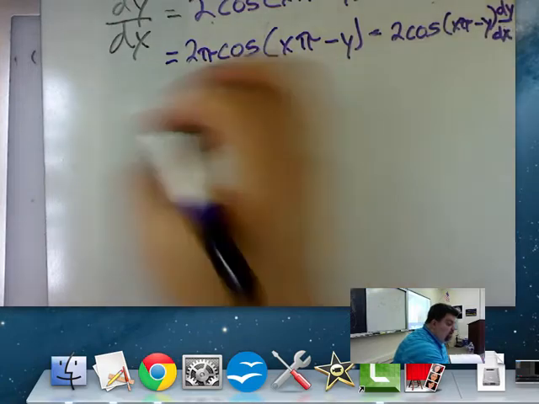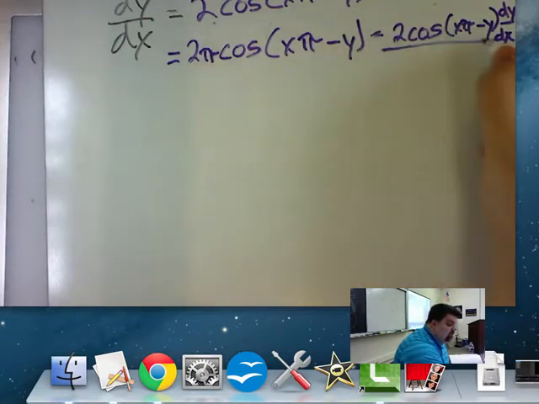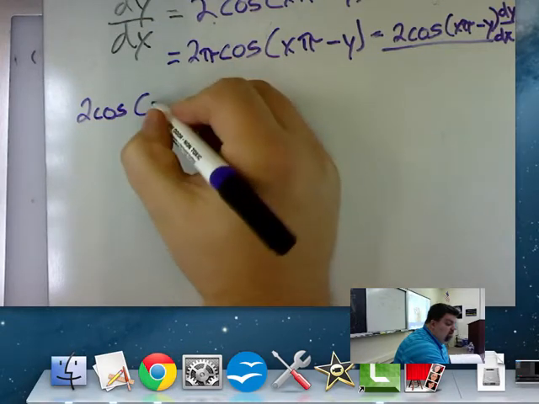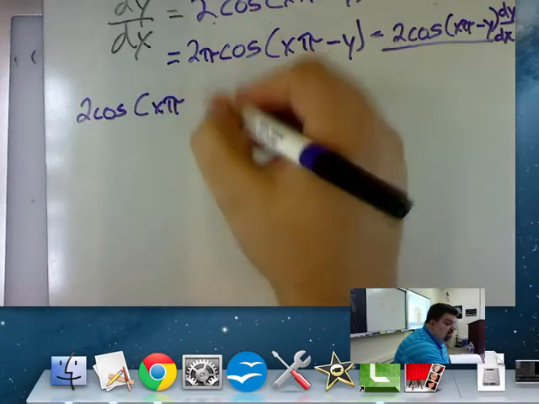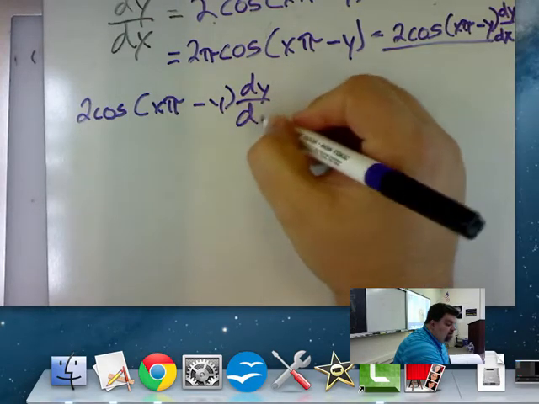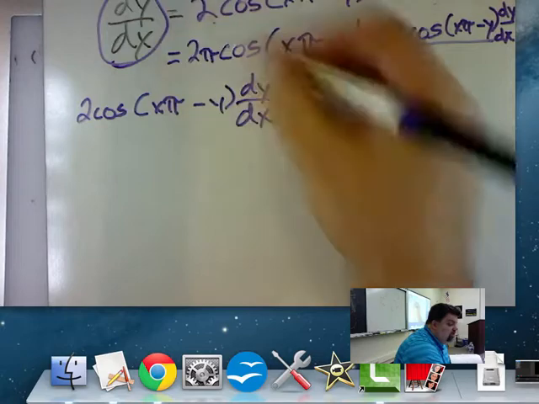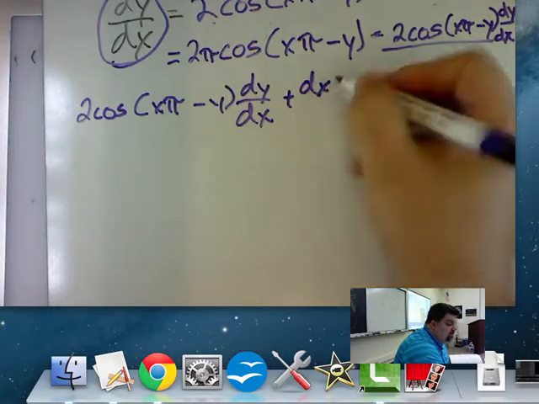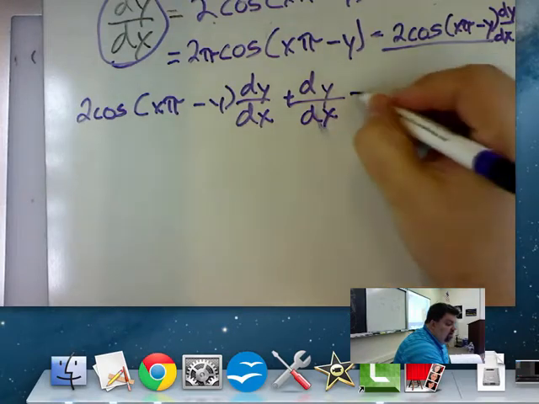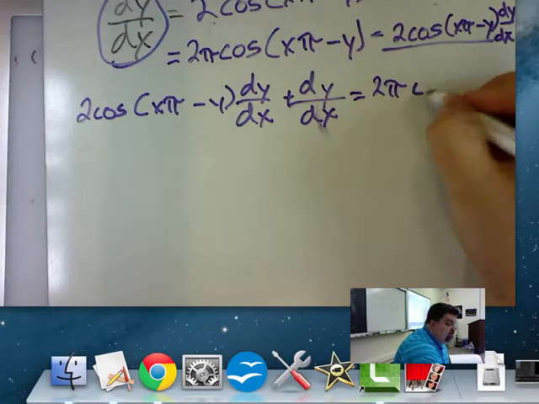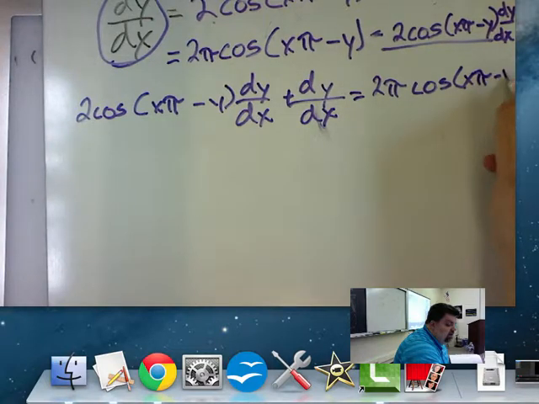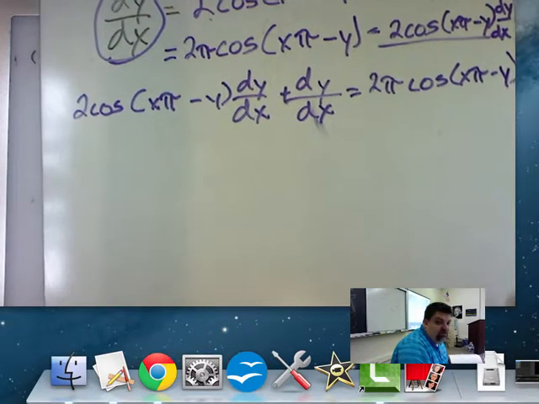So now what I need to do is add this term to both sides. So I've got 2 cosine of x pi minus y dy dx plus this original dy dx, and all that's equal to 2 pi cosine of x pi minus y. You guys with me so far?